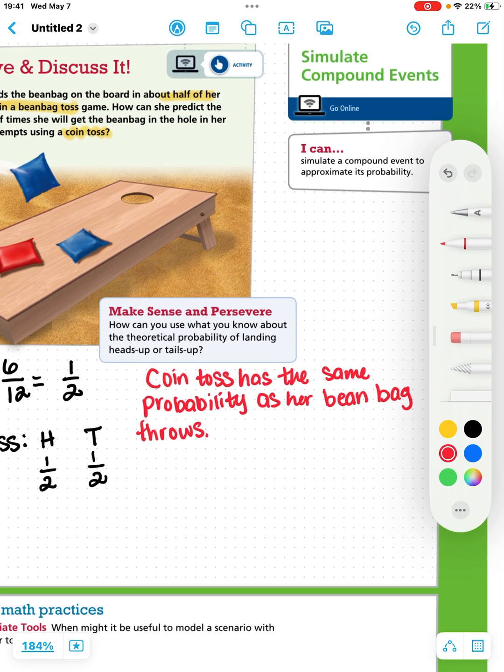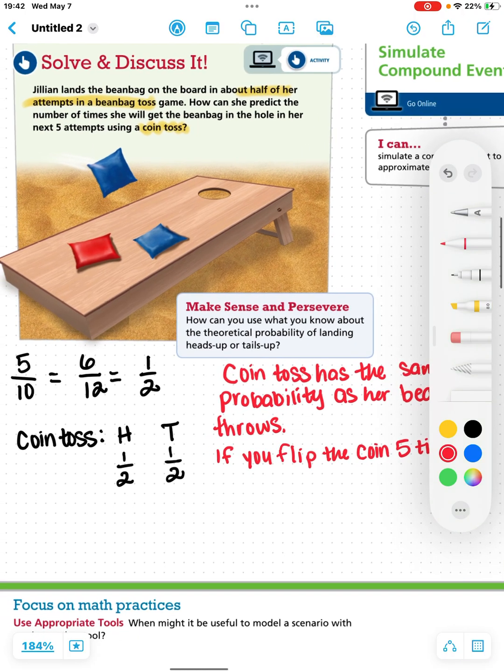So with that, because the coin toss has the same probability as her beanbag throw, we can also state that if you flip the coin 5 times, because that's what we're looking for, how can we predict the number of games if we have these 5 attempts?